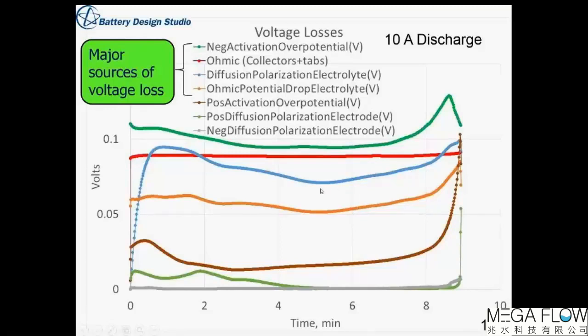So those two terms together would actually sum to be the largest source of voltage loss. And so the electrolyte plays a critical role in these high power discharges. And then the other terms are pretty small. So in terms of our cell design, what we're going to look at is the effect of the ohmic drops in the current collector. And so we're going to explore how we can change this source of voltage loss.